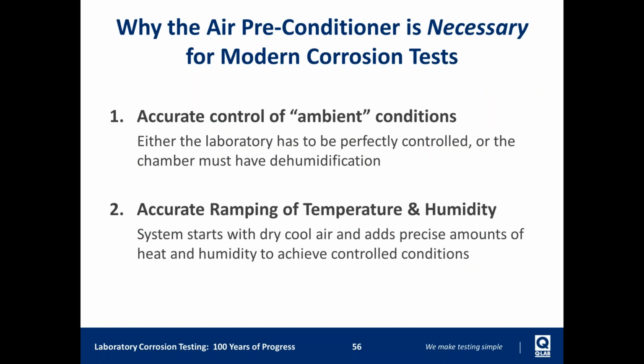And the answer is you do, because ultimately to run the control loop, your tester needs to have some idea of what kind of air is coming in, and if it's in an environment where that air is going to change in moisture level day to day and over the course of a day, it's hard to actually control that, particularly if you're ramping. And the second reason is that if you have a hot, humid lab, you're not going to be able to run a lot of these test methods.